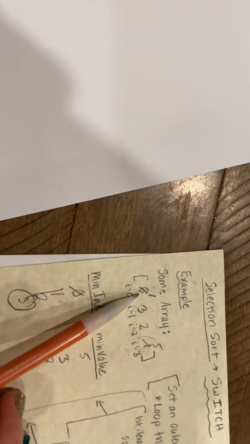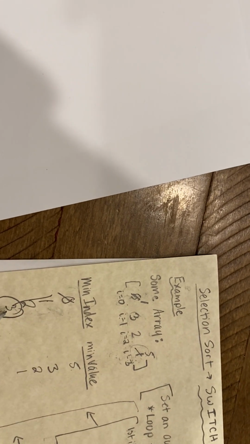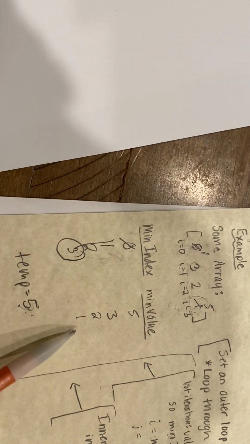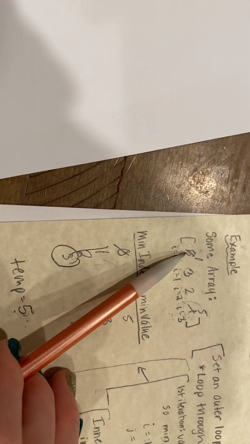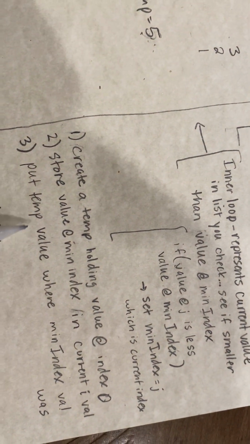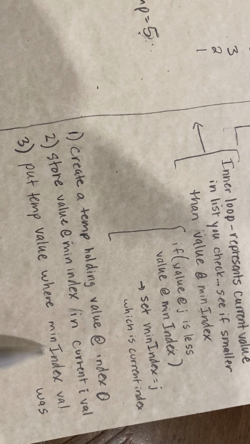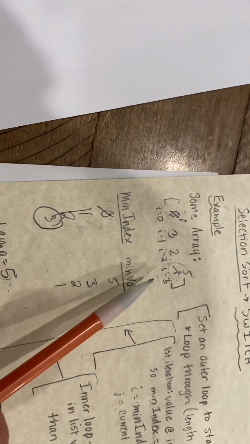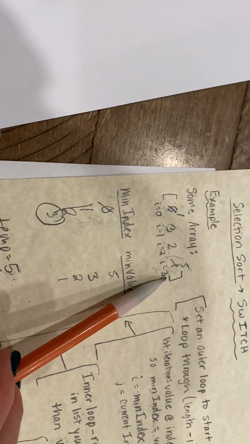Our current value was at index 0. So I took whatever was our minimum index, which was 3, and I took that value and moved it to the beginning. Okay, that's that second line here. And then lastly, we're going to put the temporary value where the minimum index was. So I'm going to put the temporary value at index 3, which is what I've done right there.